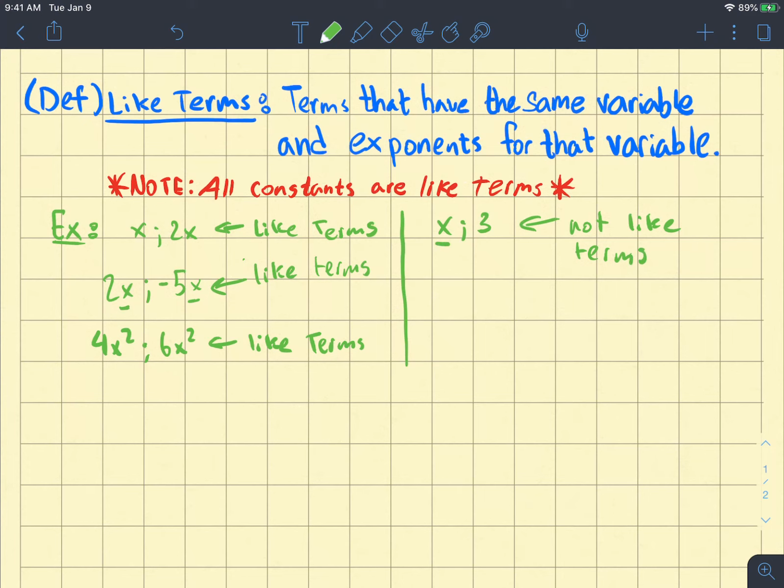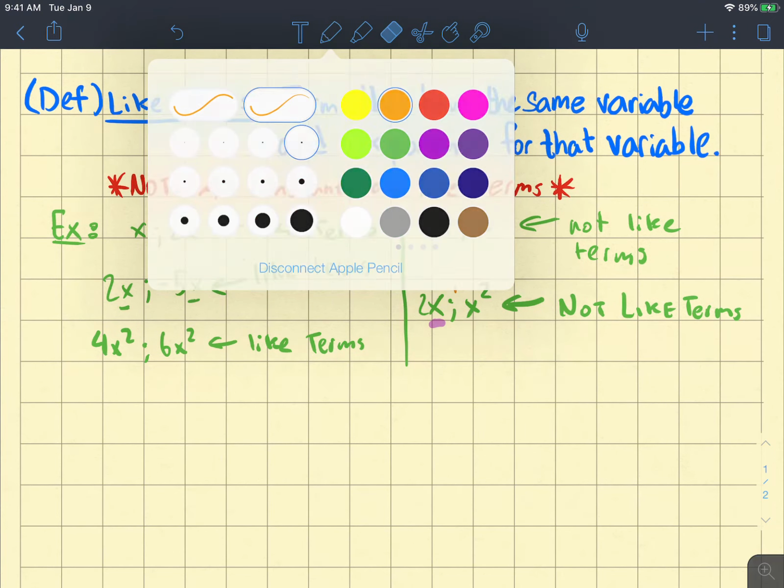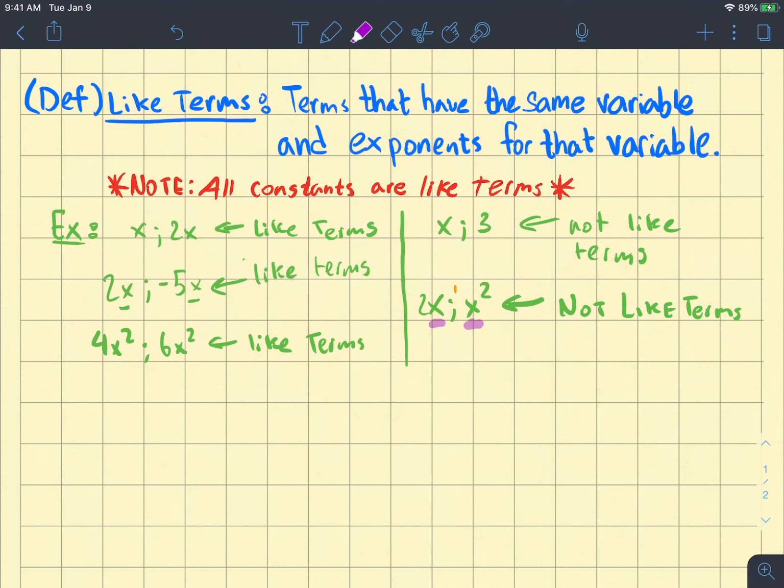Why? Because this has an x and this does not. Another example would be 2x and x squared. These are not like terms, because this x is to the power of 1, and this x here is to the power of 2. So that's why they are not like terms.